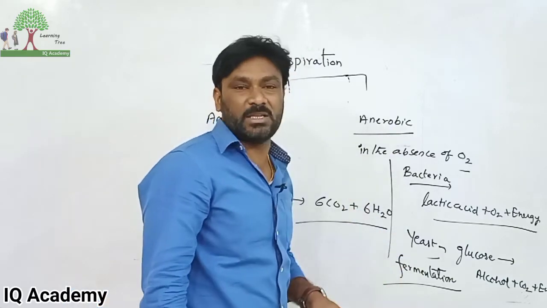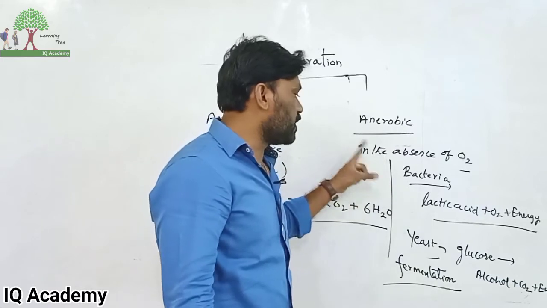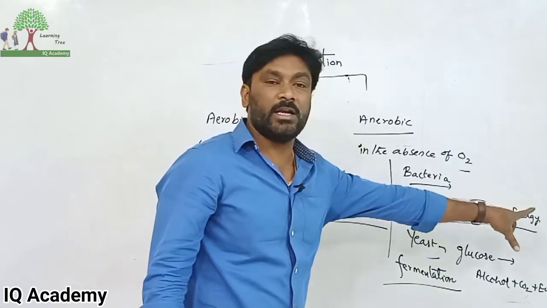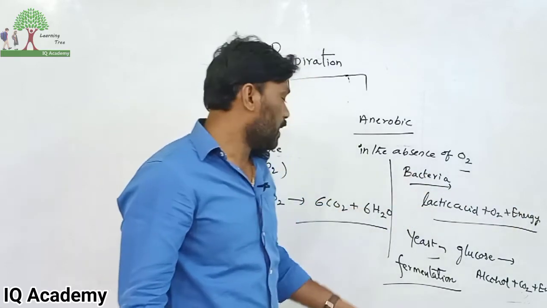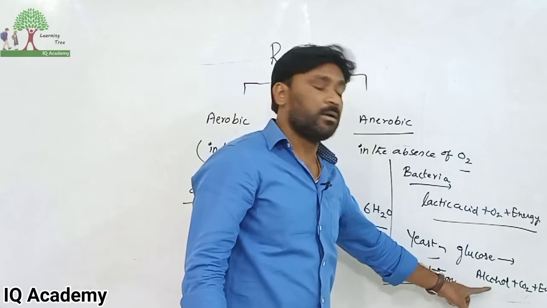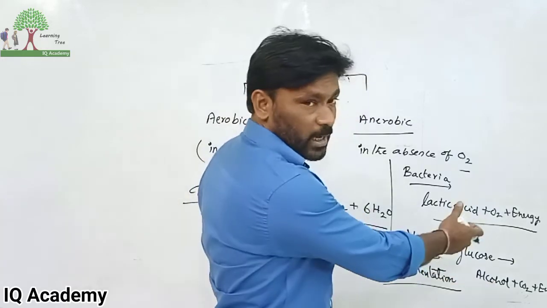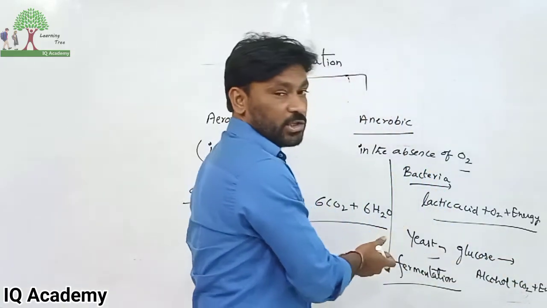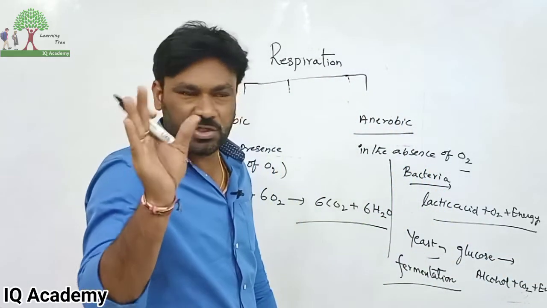In the anaerobic respiration, lactic acid, oxygen and energy are produced by the bacteria, and the glucose is changed into alcohol, nothing but ethyl alcohol. Carbon dioxide and energy are produced by the yeast in the process called fermentation.